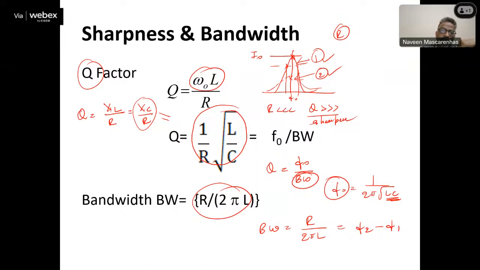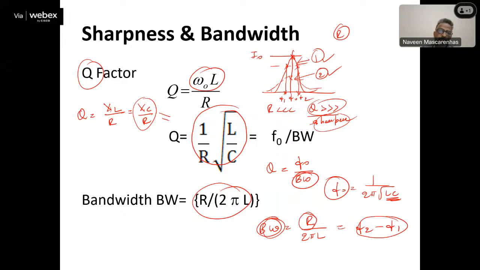These are called half power points, half power frequencies, f1 and f2. Therefore, f2 minus f1, the difference between the two half power frequencies, is always the bandwidth. It's a range of frequencies over which the current is almost constant. Yes, lesser value of R means bandwidth is small, sharpness is large, the curve is sharper. Q is large and the sharpness is more.